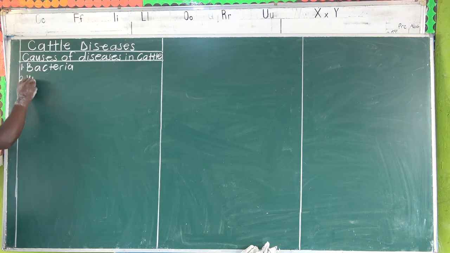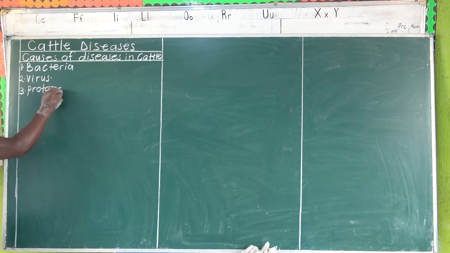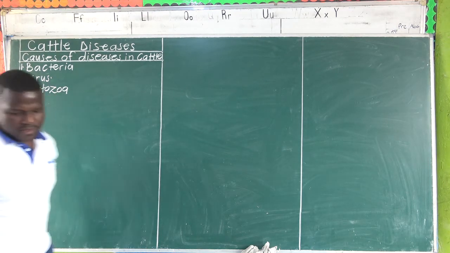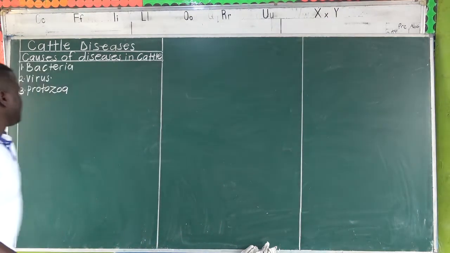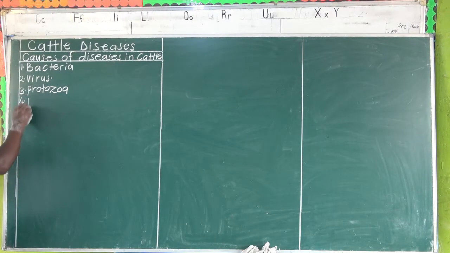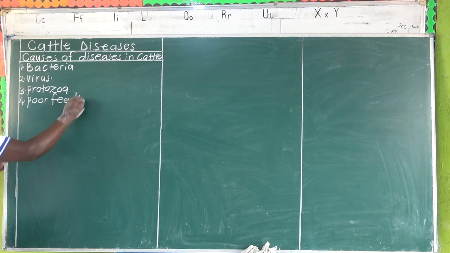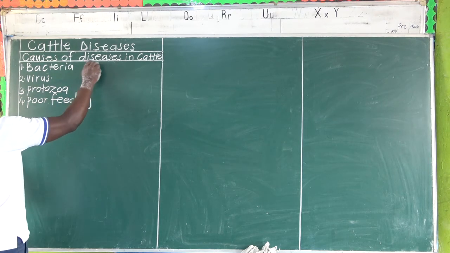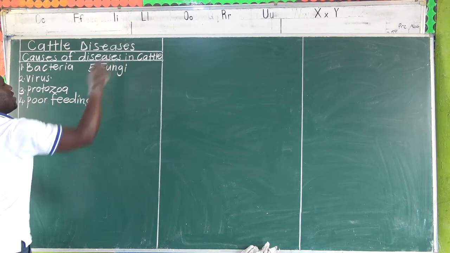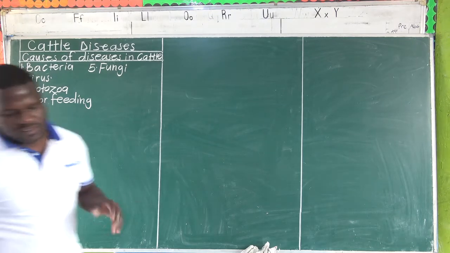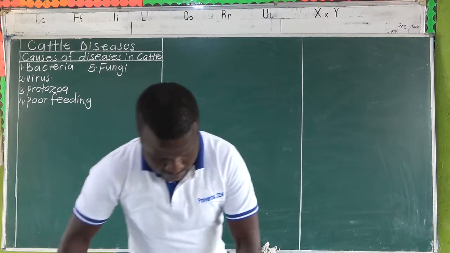Number two, we have virus. Number three, we have protozoa. And we also have poor feeding. Then number five, we have fungi. These are some of the causes of cattle diseases.